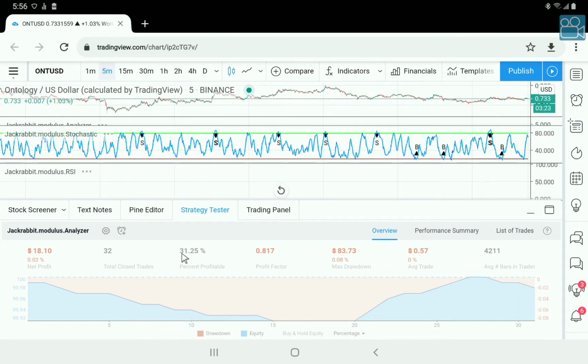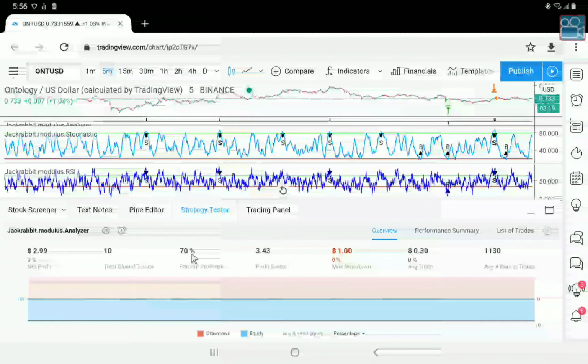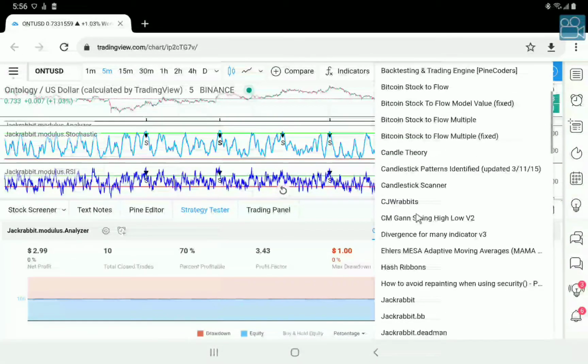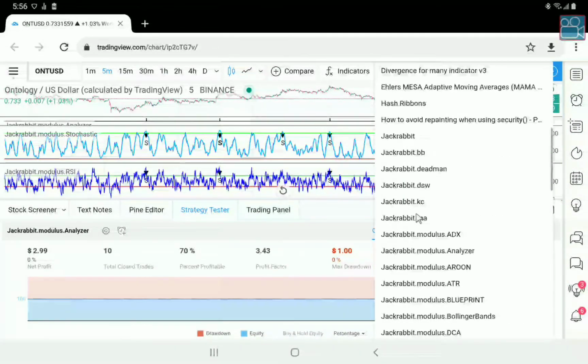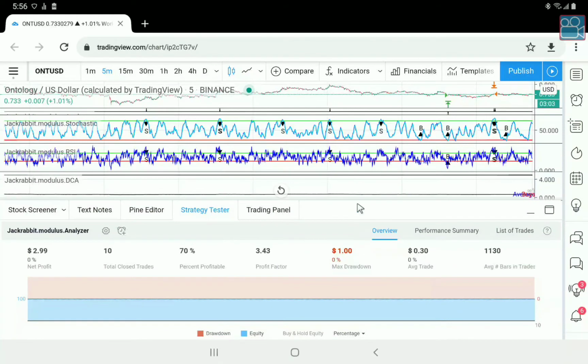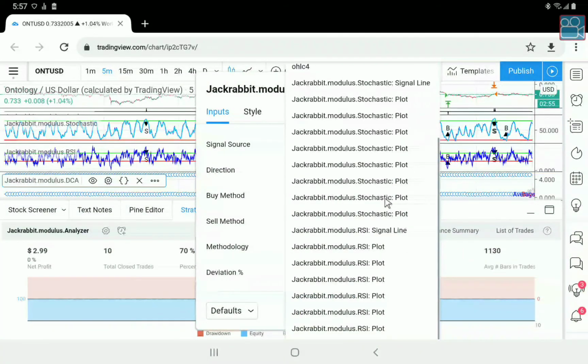And this isn't doing very well at all. 70% success rate. Not very good. So let's bring in dollar cost averaging. And let's set it for strategy mode. And let's filter out the weak signals. So we'll pull in the RSI line.